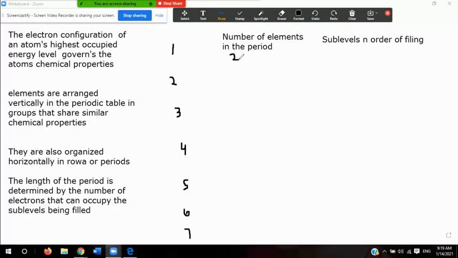In period 2, you have 8 elements, which basically start at lithium and end all the way up in neon. So 8 elements.